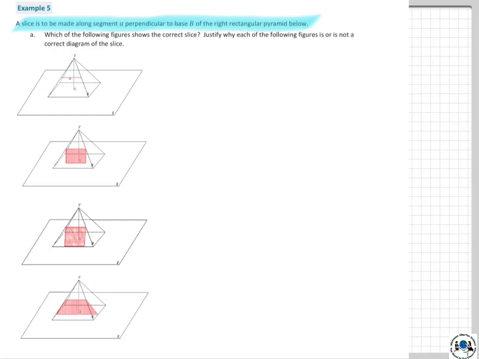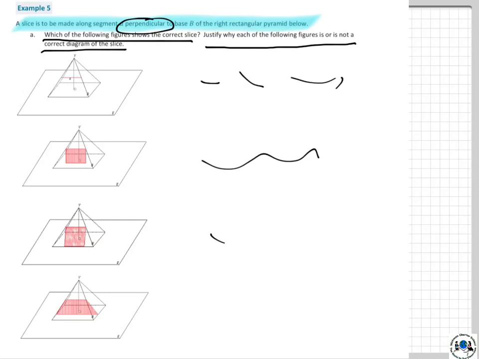So justify why each of the following figures is or is not a correct diagram of the slice. Again, a slice is to be made along segment A, perpendicular to the base, B, of the right rectangular pyramid below. Which one is the correct slice? And then over here, why or why not.